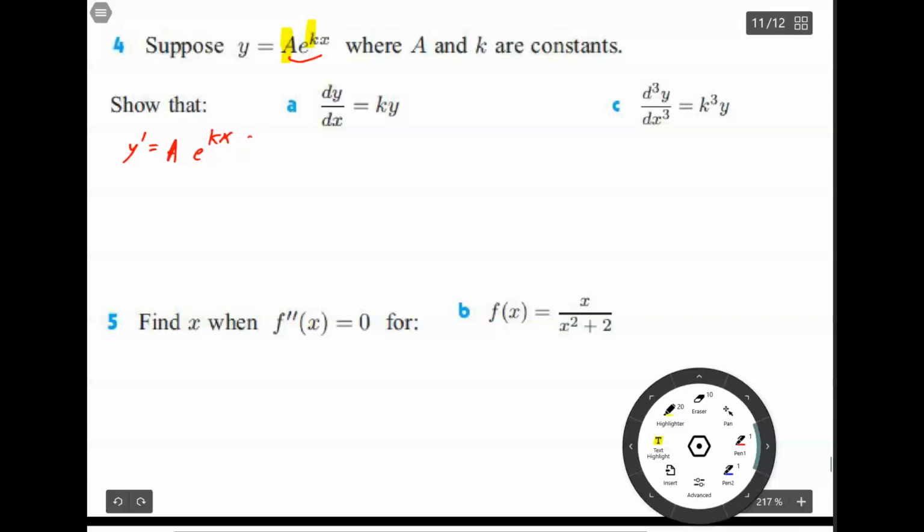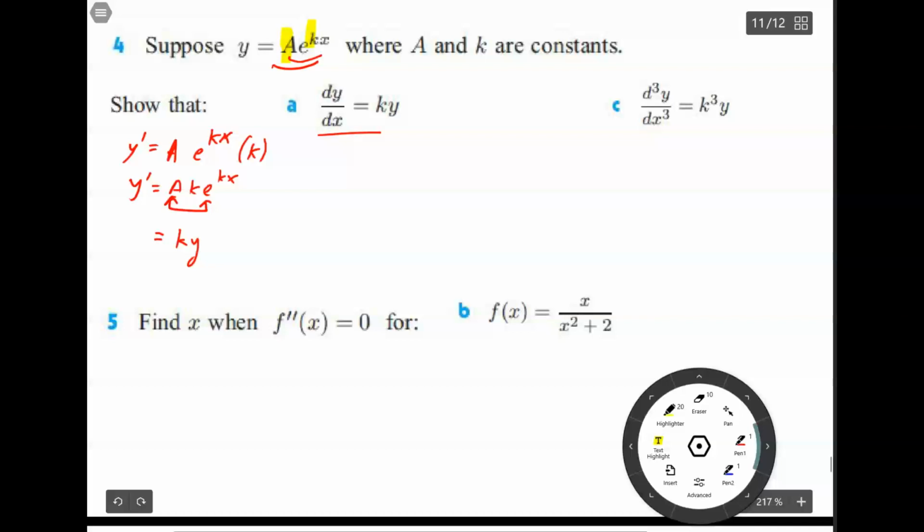We just need to do the chain rule for what's inside, so the derivative of kx is just k, because k is treated as a number. So the first derivative is equal to ak e to the kx, right? And then we're like, okay, but actually these two pieces here are the original function. So y dash is actually equal to k times the original function. And so we've just shown that, right?